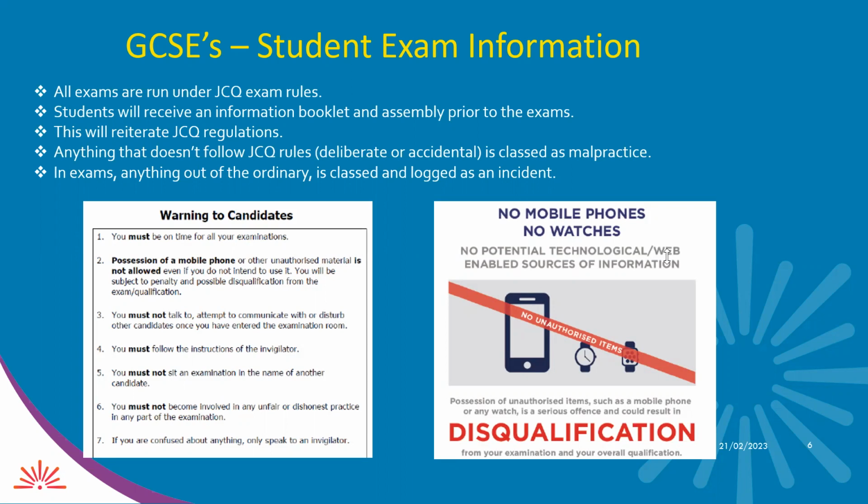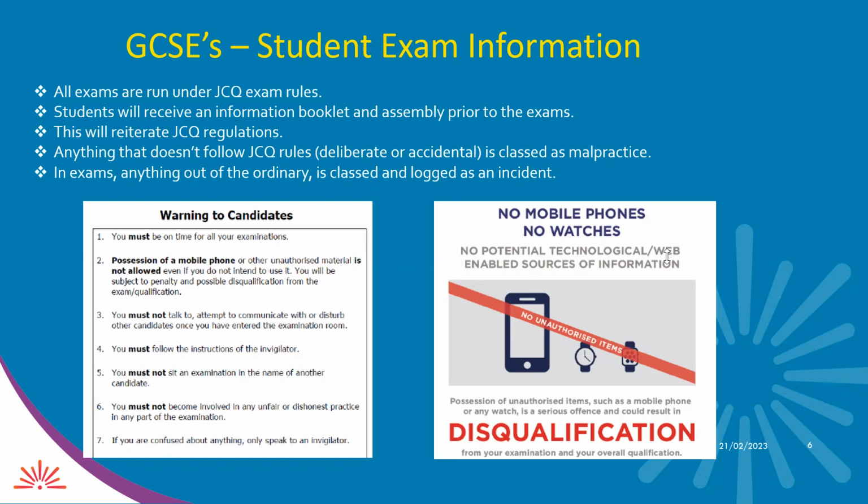The one thing I do want to pick up is that any mobile phones, we've known about for quite a while, are not allowed in exams. But now JCQ, because there are so many watches now, even with analog faces, that are able to connect to the internet, students aren't allowed to have watches in the exam hall.